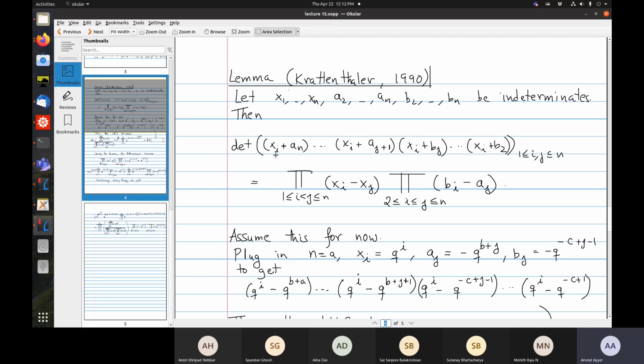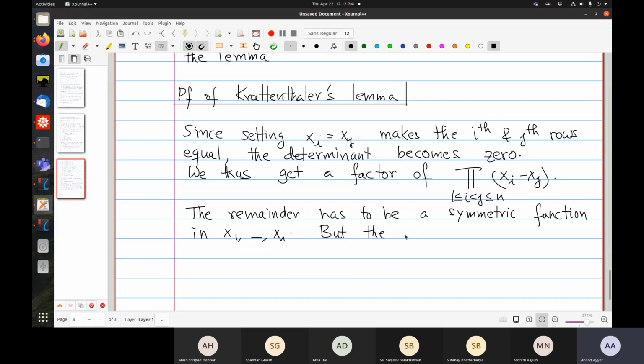Because there are n minus 1 terms in any ijth entry, as I said before, the degree of x1 is going to be n minus 1. x1 is n minus 1 on both sides. Here too, you are going to have n minus 1 factors involving x1.